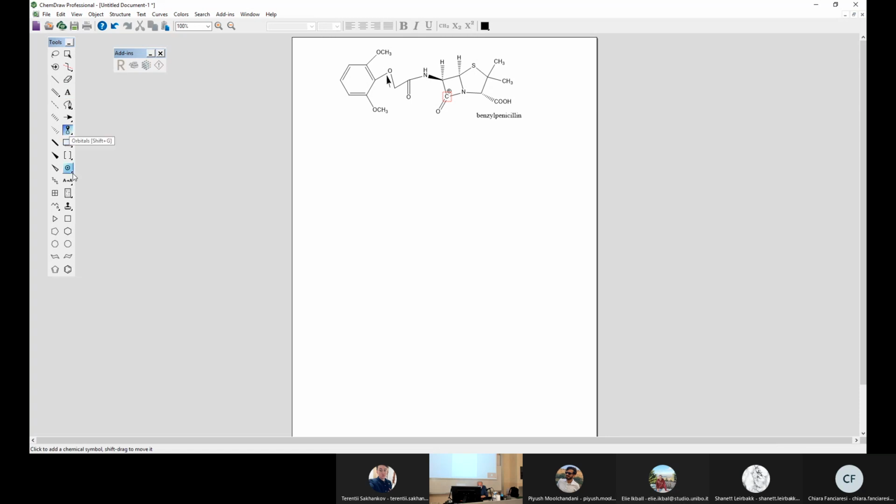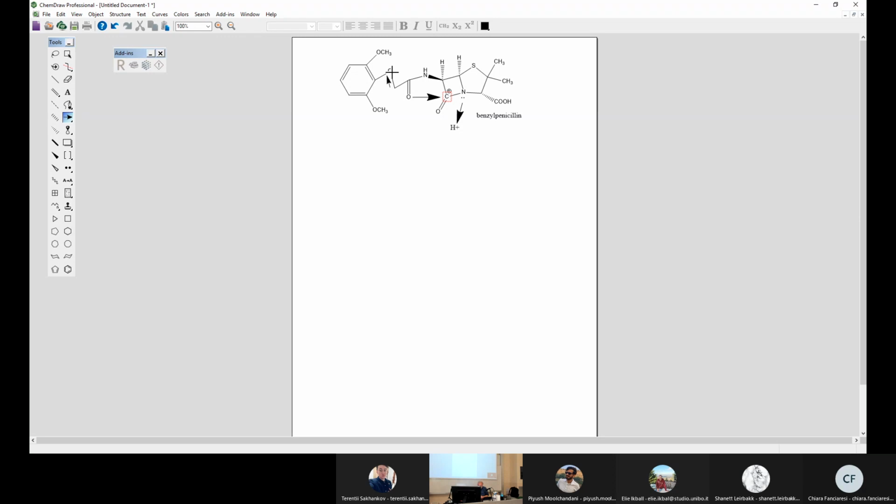I remind you of the presence of the lone pair here, the protons here, and once again the protonation of this nitrogen atom, and so also the possibility of this oxygen to attack this carbon atom.